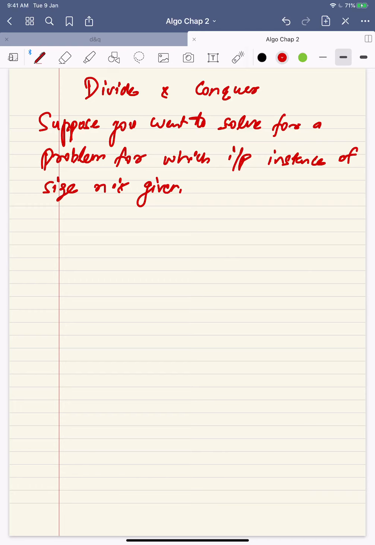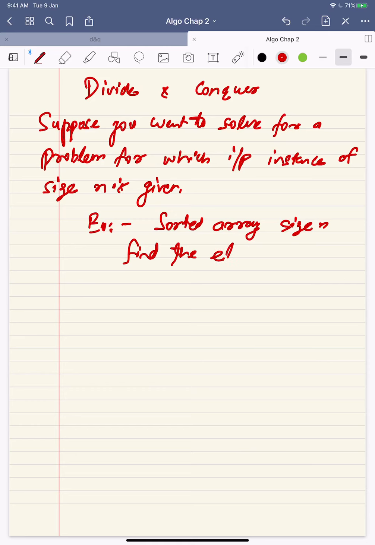For example, say you are given a sorted array of size n, and the problem could be to find the element with key x.